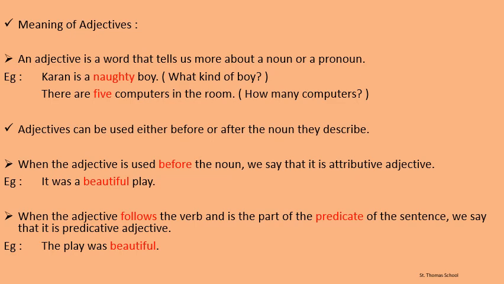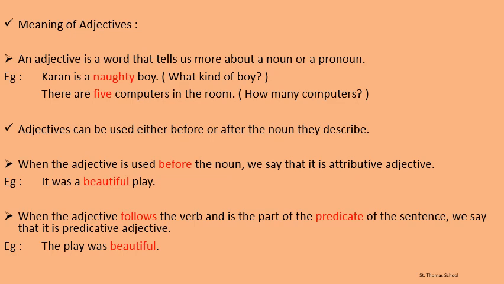You must be knowing the subject and predicate in the sentence. So when the adjective is in predicative form, then the adjective will be after the verb as well as it will be placed in the part of the predicate.